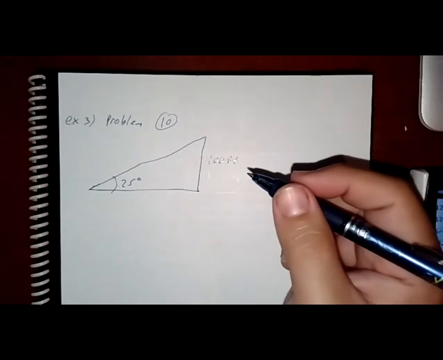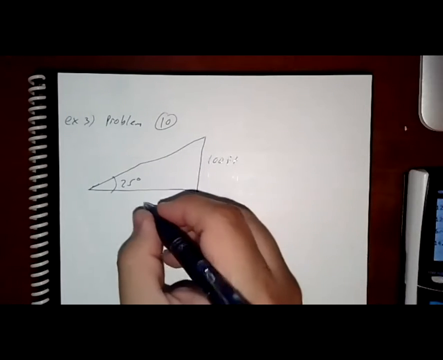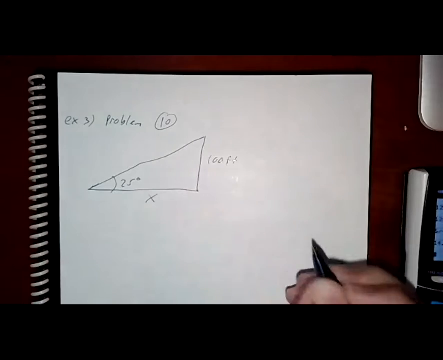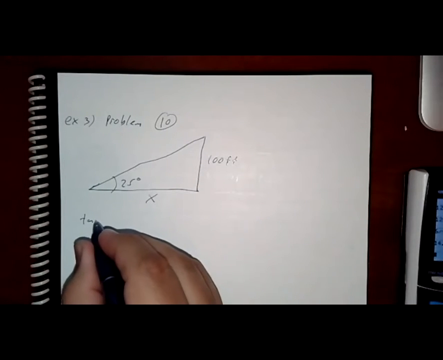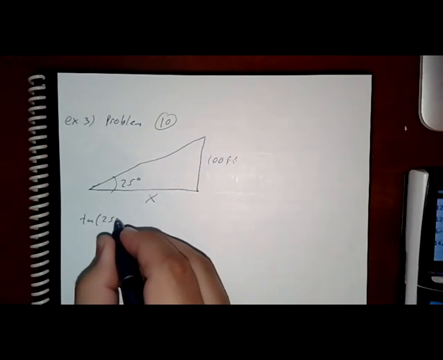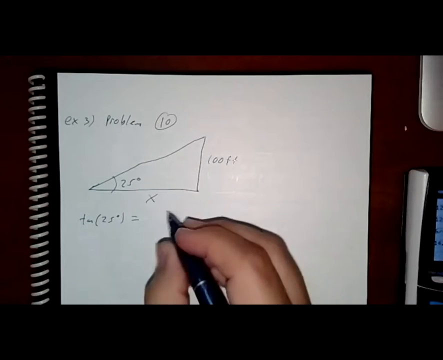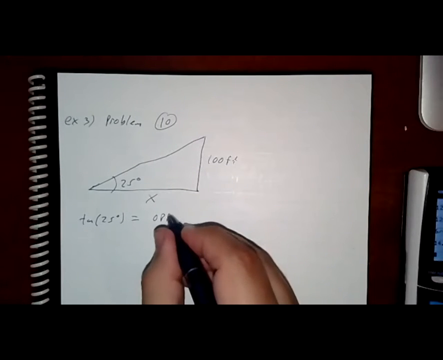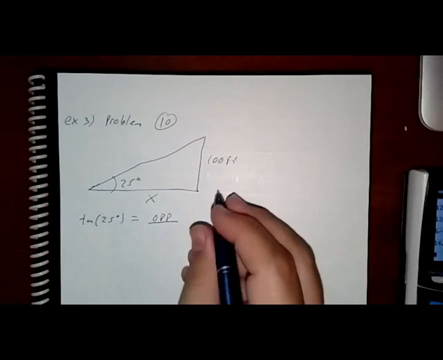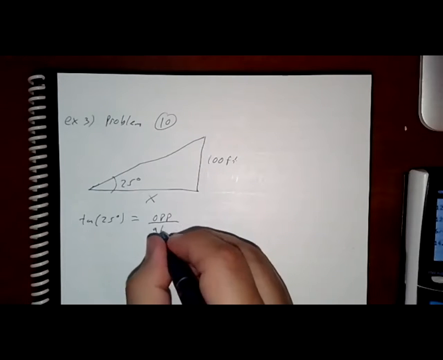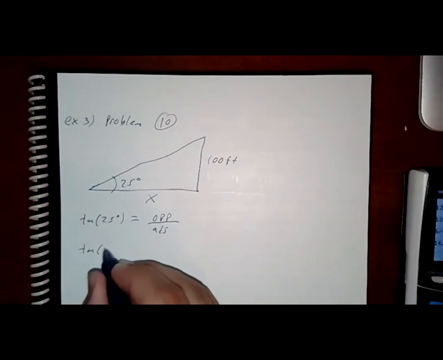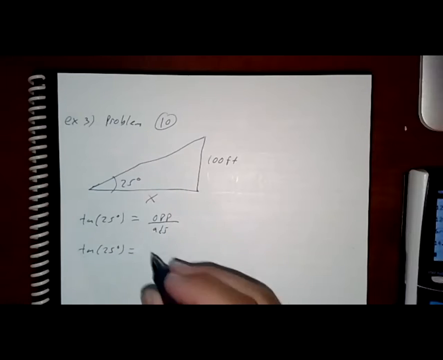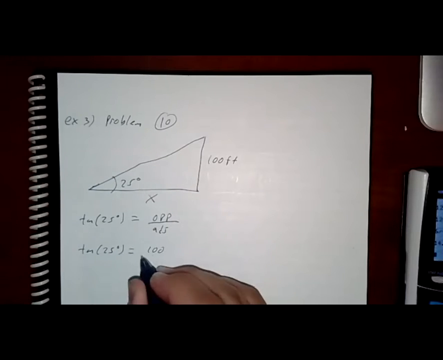So we want to find, we'll call it x. So tan of 25 degrees is equal to the opposite side over adjacent, right? So tangent of 25 degrees is equal to 100 over that mystery shadow thing.